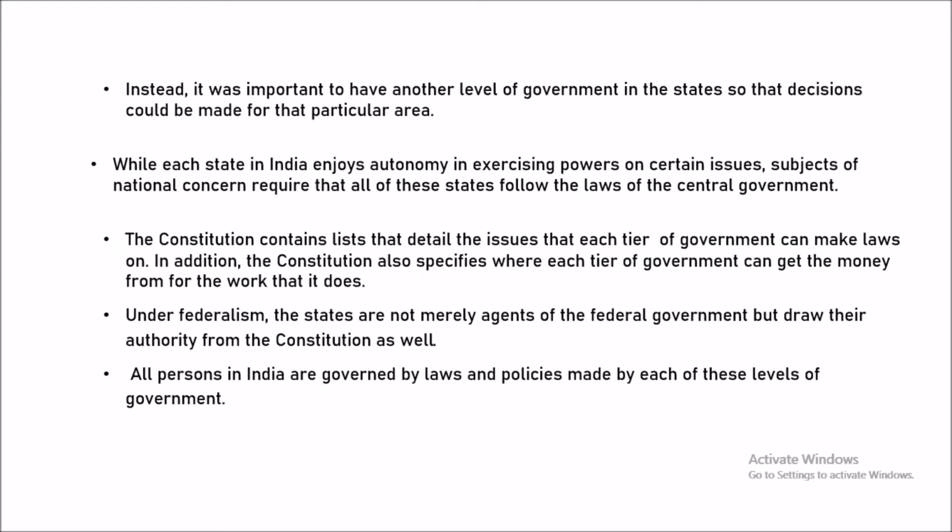So, every individual is bound to follow the rules made by the central government on national interest, state government on the state interest, as well as the local government on the local area interest or requirement. Parliamentary form of government is the second important feature of our Indian Constitution.